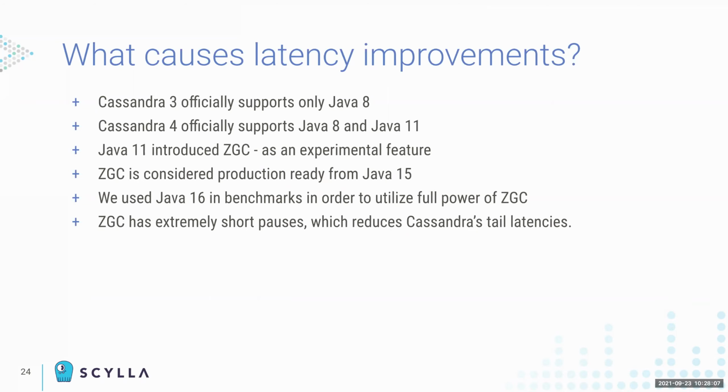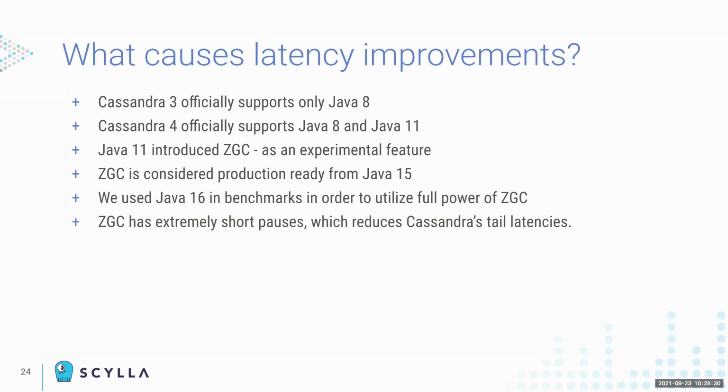However, Cassandra 4 officially supports Java 8 and Java 11. Java 11 has introduced a new garbage collection algorithm, ZGC. At first it was an experimental feature, but now in Java 15 and later versions of Java, it's production ready.